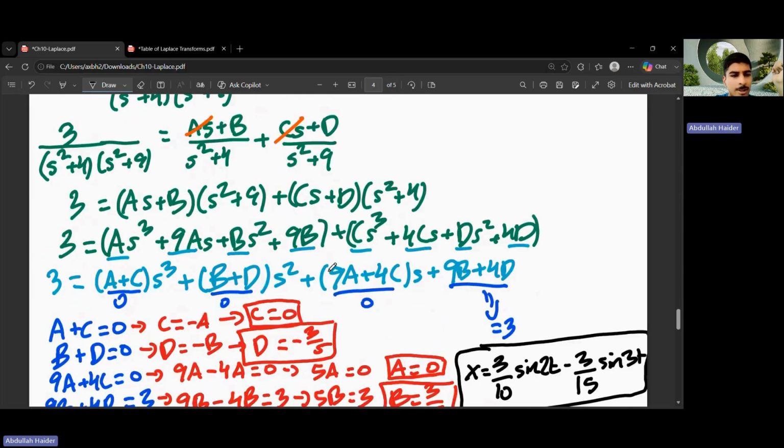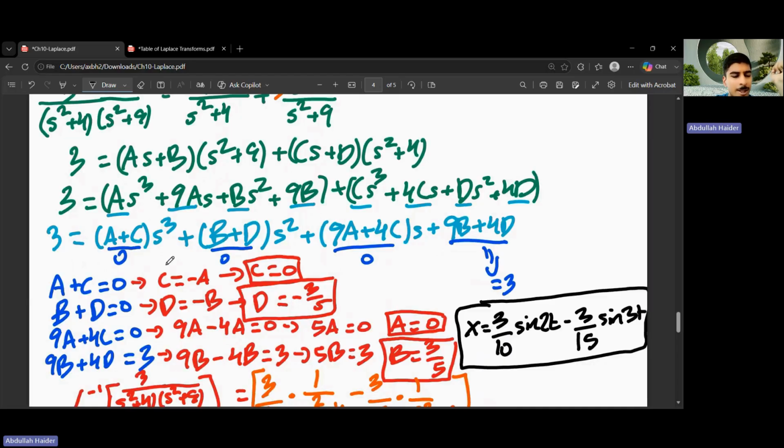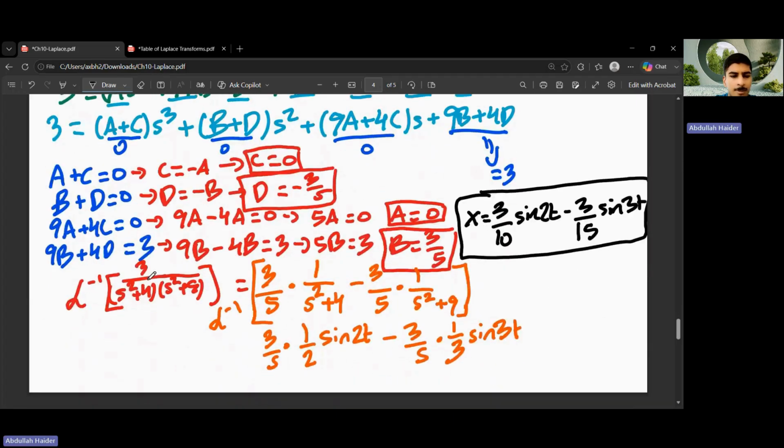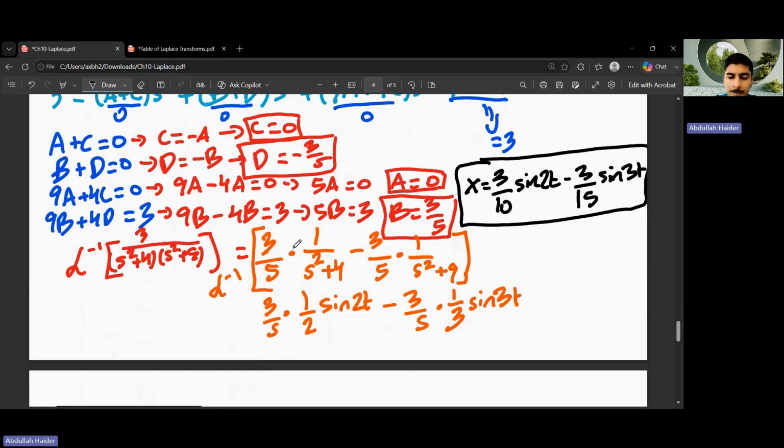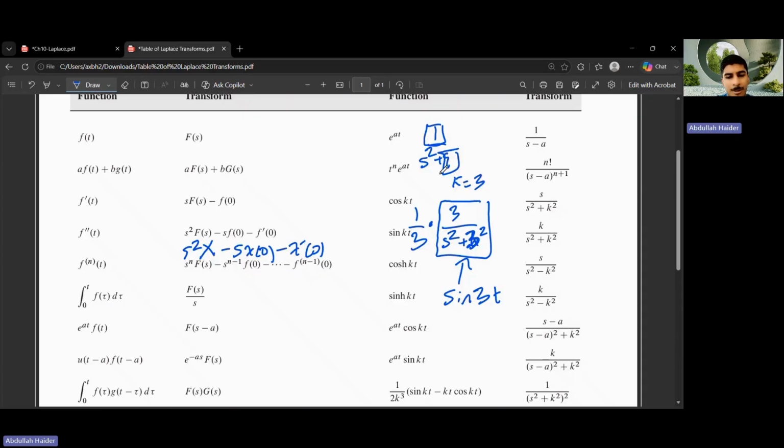Find all of the constants by equating each similar exponent of s, and then you find the inverse of the 1 over s squared plus k squared based on the table. And remember that if the k in the numerator and the denominator don't match, then rewrite the transform based on the correct k and multiply by whatever is needed to get the correct fraction.